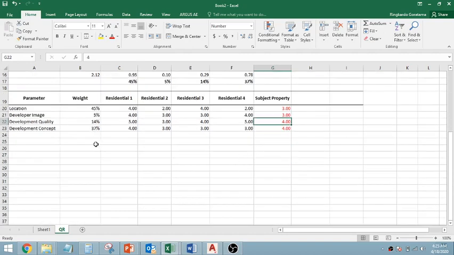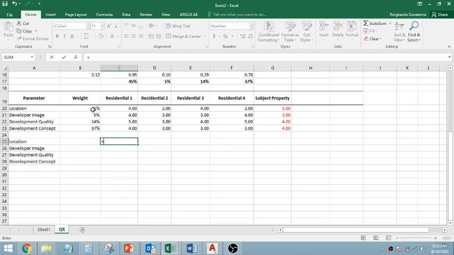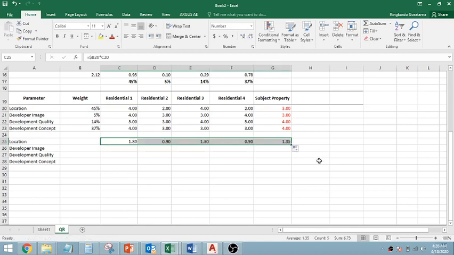So the next thing is we calculate the weight multiplied by the score. I will lock this cell, and let's try to pull it.